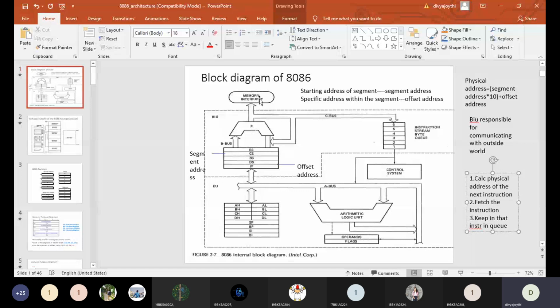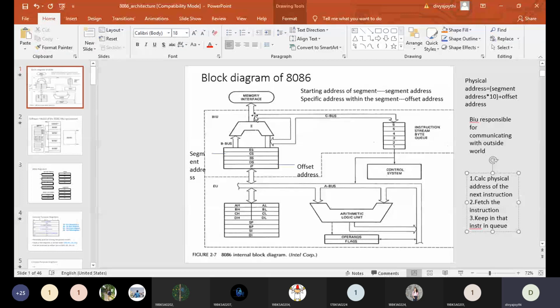It will go to that calculated physical address, and whatever instruction is present at that particular address, it will get that instruction. So fetching the instruction is also done.